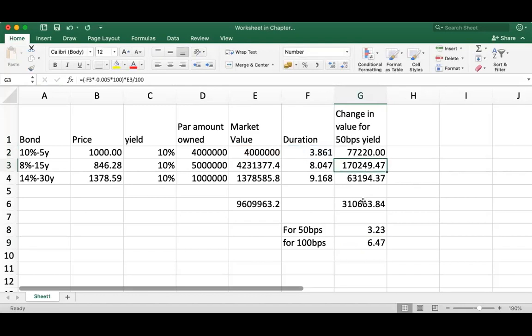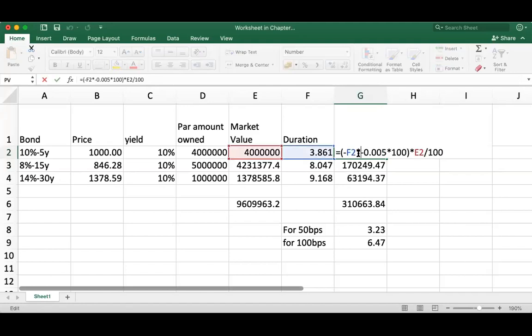Let's suppose, what will be the change if the yield changes by 50 basis points? So this is the calculation.